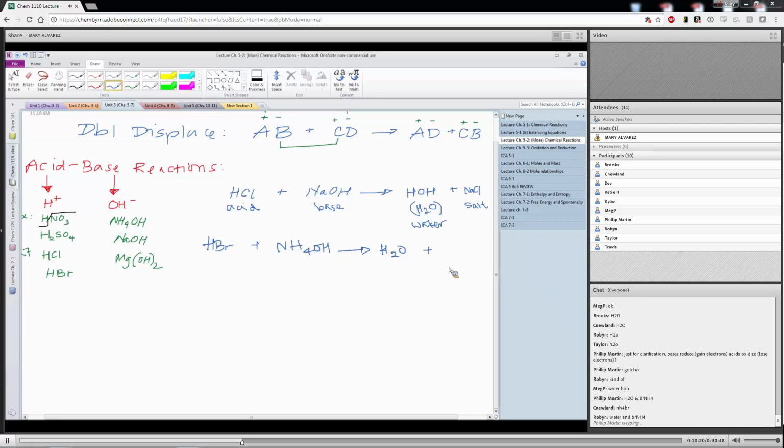Perfect. Now, Philip and Robin both said BrNH4, but there's one thing that we need to do there. You're exactly right that the H went with the OH and the bromine went with the ammonium. But there's one other thing we have to make sure we do when we report that compound.